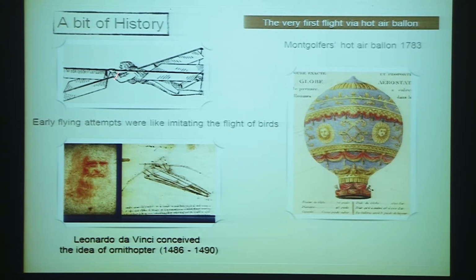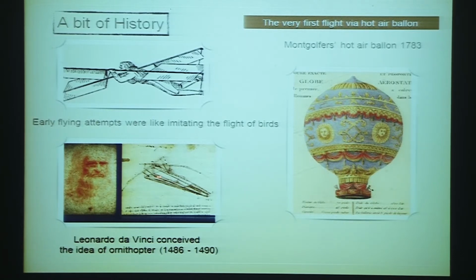I mean, people tried to imitate birds actually, like making artificial wings, all sorts of things, and the recorded documents, the actual careful drawings, were done by Leonardo da Vinci, and he conceived the idea of the ornithopter somewhere between 1486 and 1490 in the 15th century. He was a painter of first rate and a scientist, philosopher.